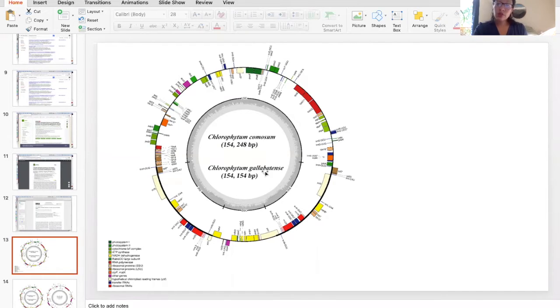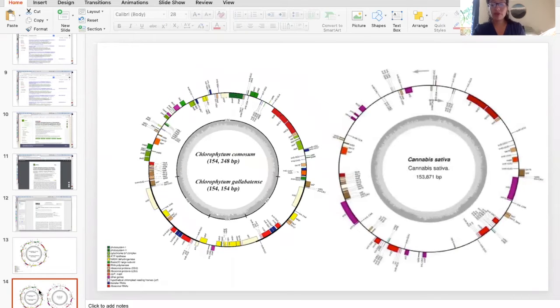So the genome of the chloroplast is 154,248 letters. And it turns out that I also have that same graphic for cannabis. And the chloroplast genome of cannabis is 153,871 base pairs.